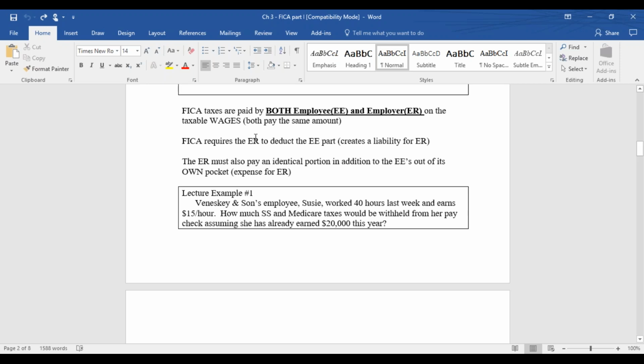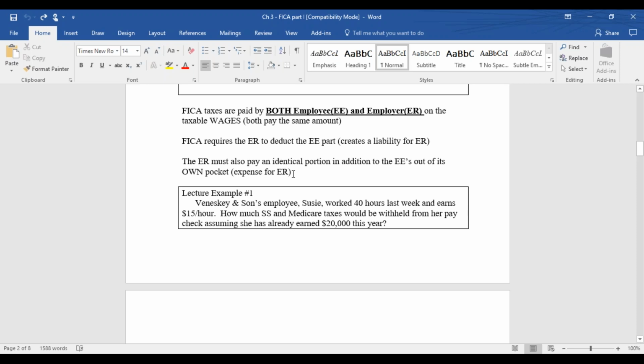And so what that does, when the employer takes money out of your check as the employee, it creates a liability for the company that they have to pay your money to the government, but then they also have to put into that liability account their own piece, the additional matching support, which would in effect double what goes to Social Security.